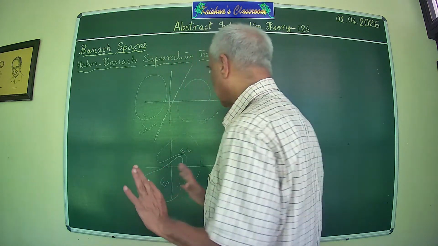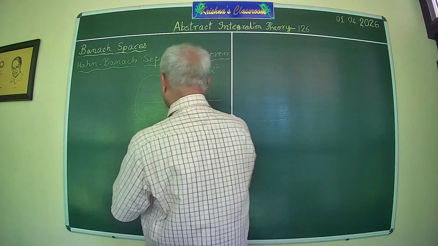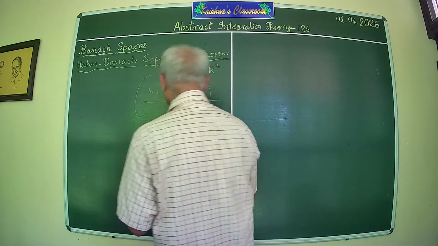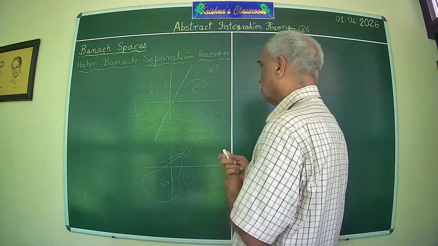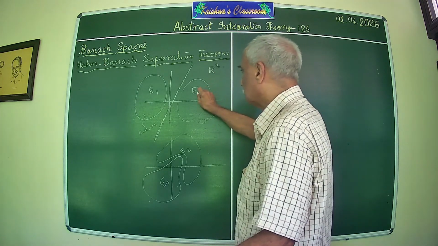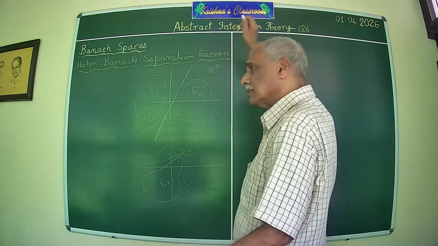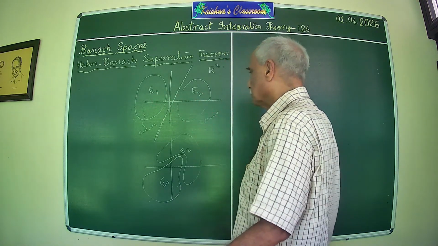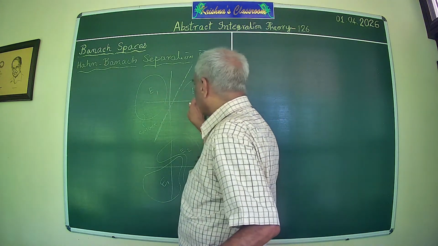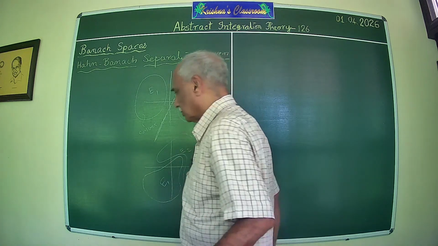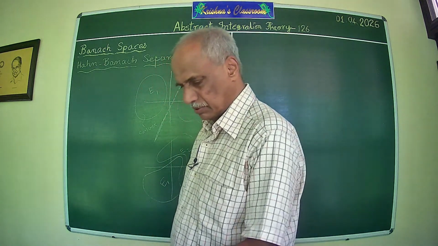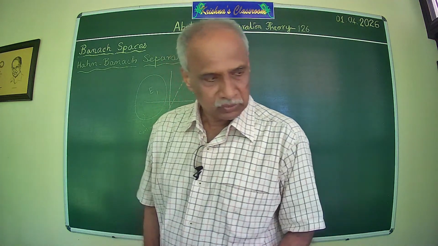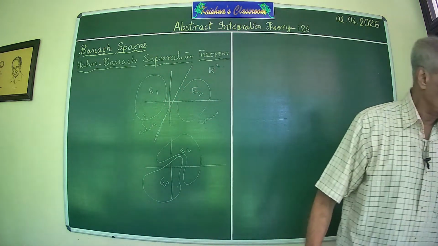So the Hahn-Banach separation theorem is this: if E1 and E2 are two convex subsets of R2, then there exists a line which separates E1 and E2, provided E1 intersection E2 is empty. So let us work it out. This is the Hahn-Banach separation theorem. Prove this.